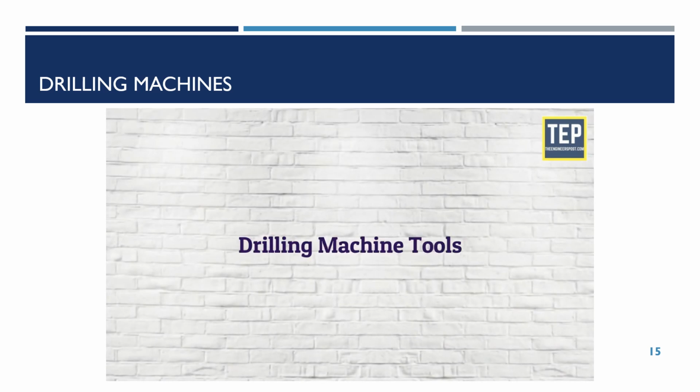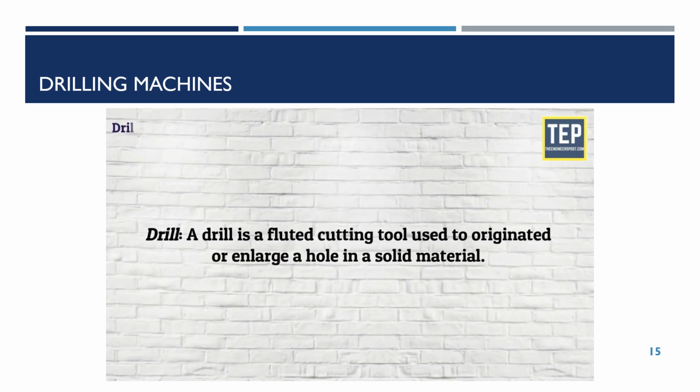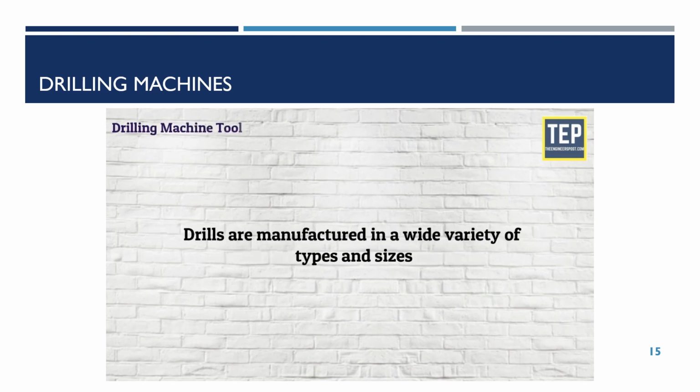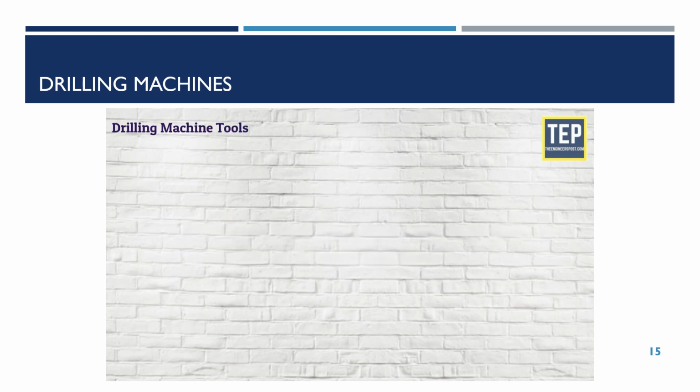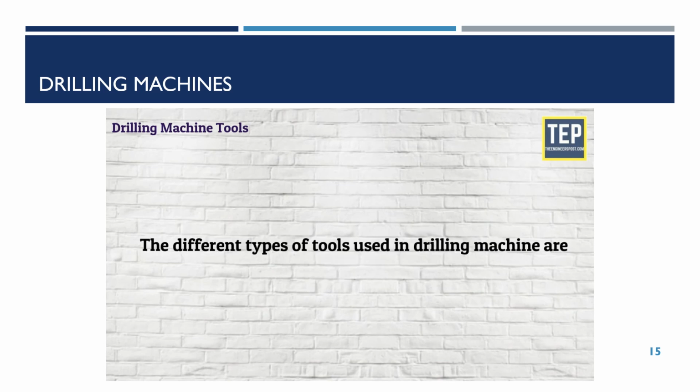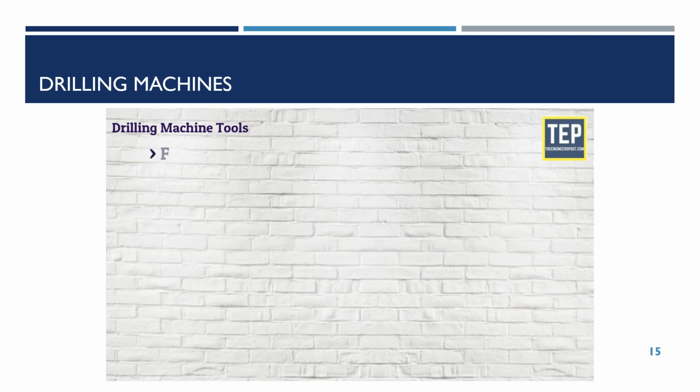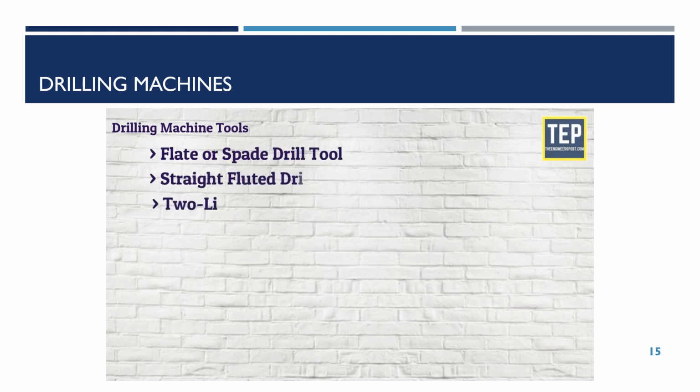Drilling machine tools. A drill is a fluted cutting tool used to originate or enlarge a hole in a solid material. Drills are manufactured in a wide variety of types and sizes. The different types of tools used in drilling machine are flat or spade drill tool, straight fluted drill tool, and two-lip twist drill tool.